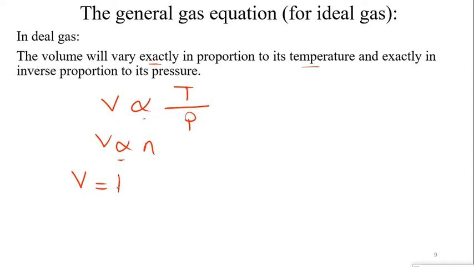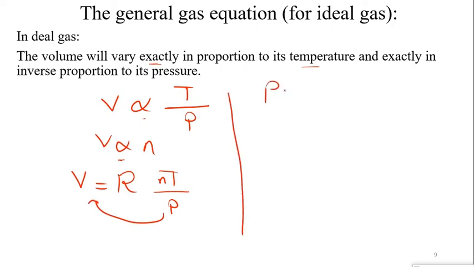I will name this constant R. R is the gas constant. Now this means V is equal to R n T over P, and if I move the pressure to the other side, this means that PV is equal to nRT. So we assumed the constant, which is R, the gas constant.